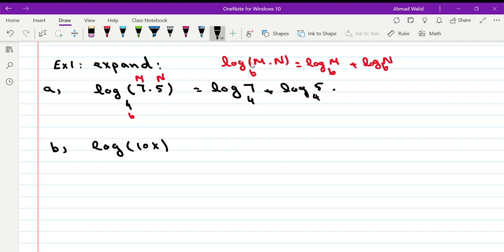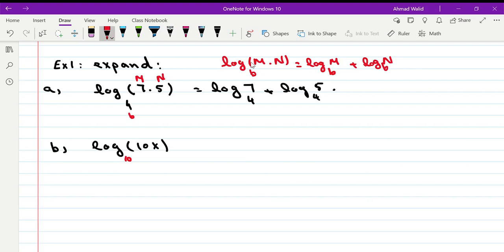If you see a logarithmic expression with no base, immediately you should know that your base is what? Your base is 10. That's a common log. Correct? I put 10 here in a red color, but in an actual example, they don't show this base. No one writes base 10. When there is no base, it means it's base 10.